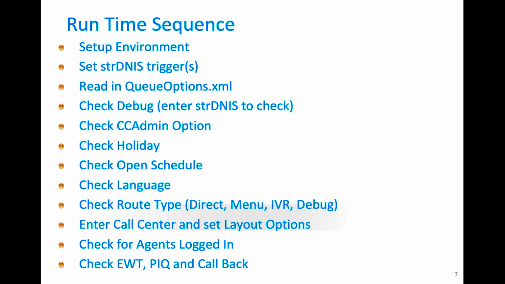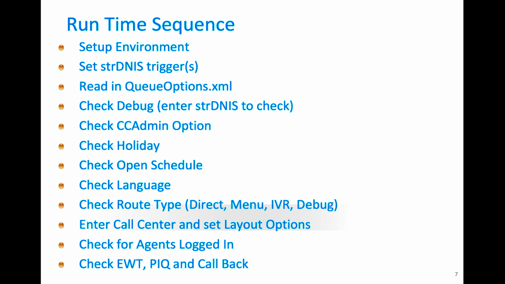So sbox underscore schedule, or, you know, whatever your string app prefix is going to be, it'll go look for that schedule. We check languages. We check whether you want to offer the option to change your language. We check the route type, find out if it's a direct menu, IVR, or you're in the debug mode.